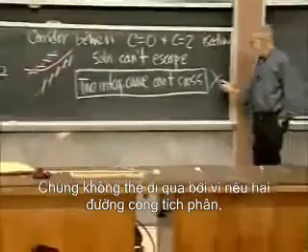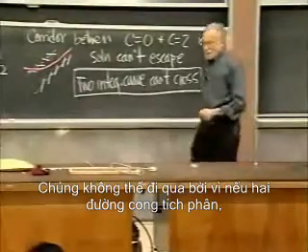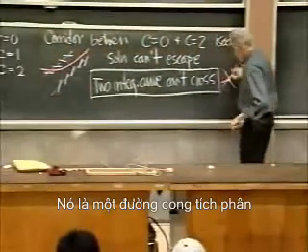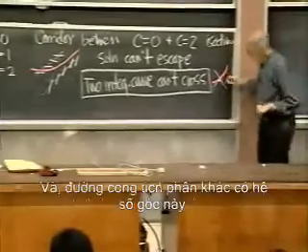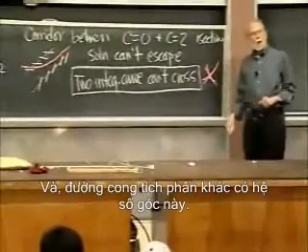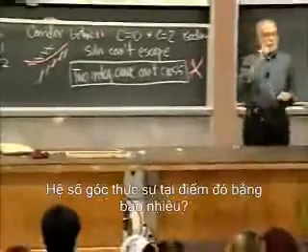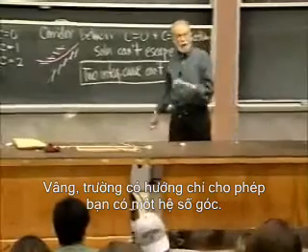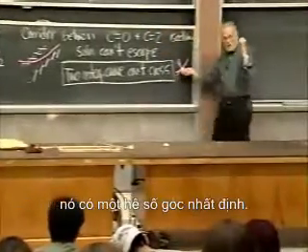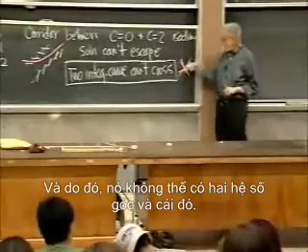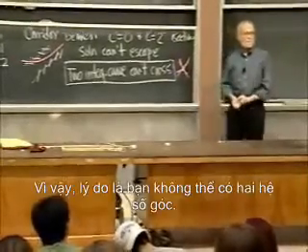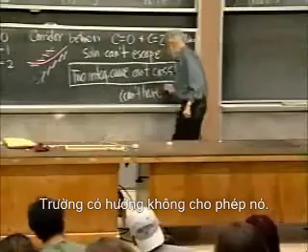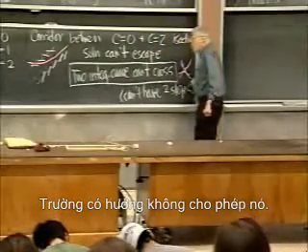They can't cross because if two integral curves are trying to cross, well, one will look like this, because it's an integral curve because it has this slope, and the other integral curve has this slope, and now they fight with each other. What is the true slope at that point? Well, the direction field only allows you to have one slope. If there's a line element at that point, it has a definite slope, and therefore it cannot have both this slope and that one. It's as simple as that. So the reason is you can't have two slopes. The direction field doesn't allow it.